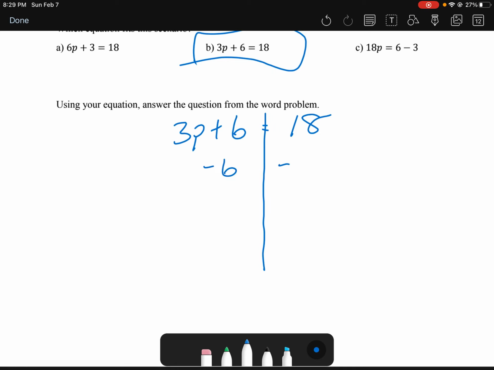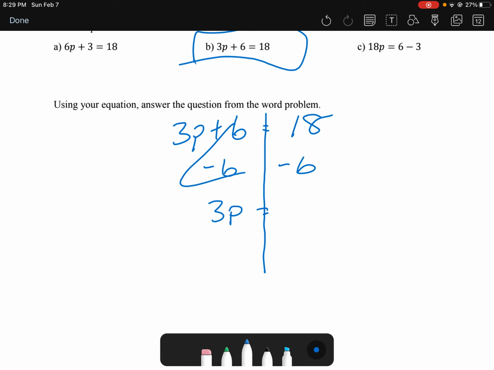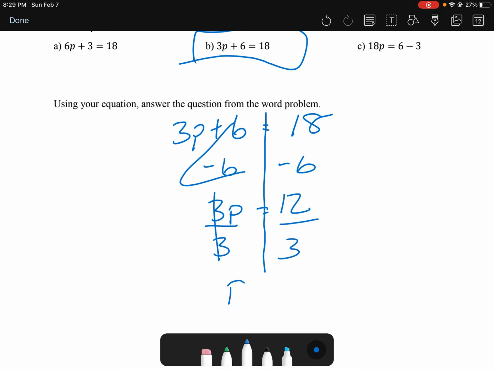So I'll subtract 6 from both sides. I'll cancel these guys out, leaving me with 3P being equal to 18 minus 6, or 12. To get P by itself, I'm multiplying 3 and P together, so I'm going to go ahead and just divide both sides by 3. P is equal to 4.